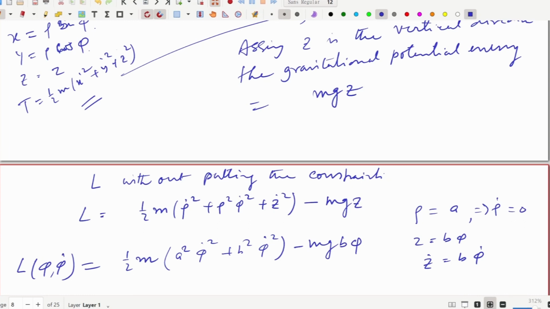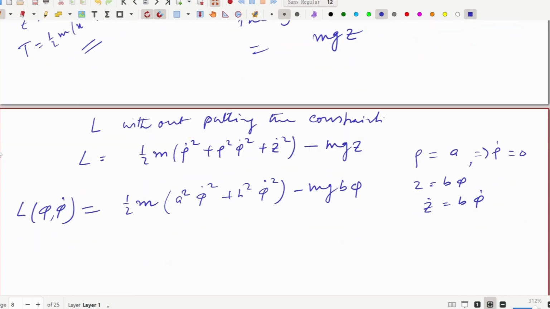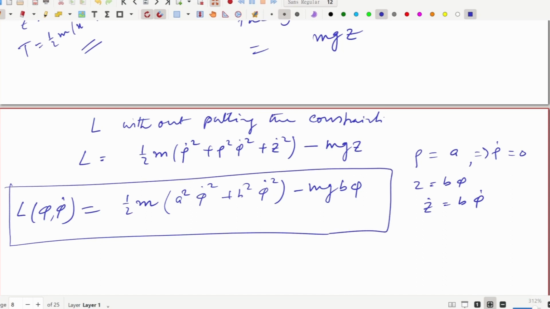So this will be the Lagrangian for this system, and it is consistent with the degrees of freedom and the expected number of generalized coordinates. Phi is the generalized coordinate here. Let me simplify a little bit: half m times a square plus b square, times phi dot square, minus mg b phi. So this is your Lagrangian.